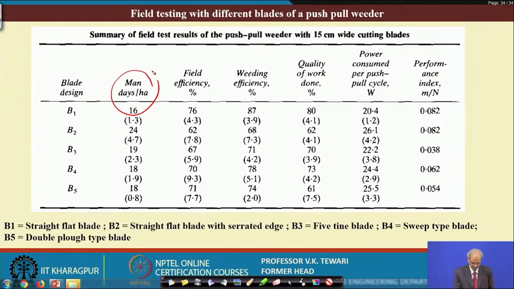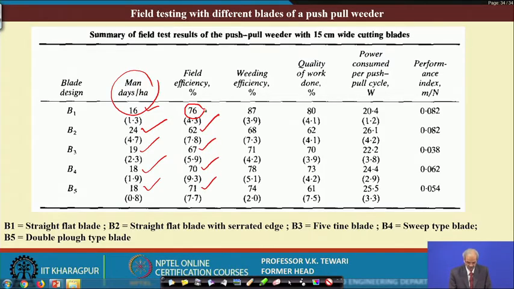You see that for B2 we require 24 man days per hectare, then B3 we require 19, B4 18, B5 18, and B1 we require only 16 man days per hectare. Field efficiency is also higher in this case as compared to the other blades: 62 here, 67, 70 and 71.